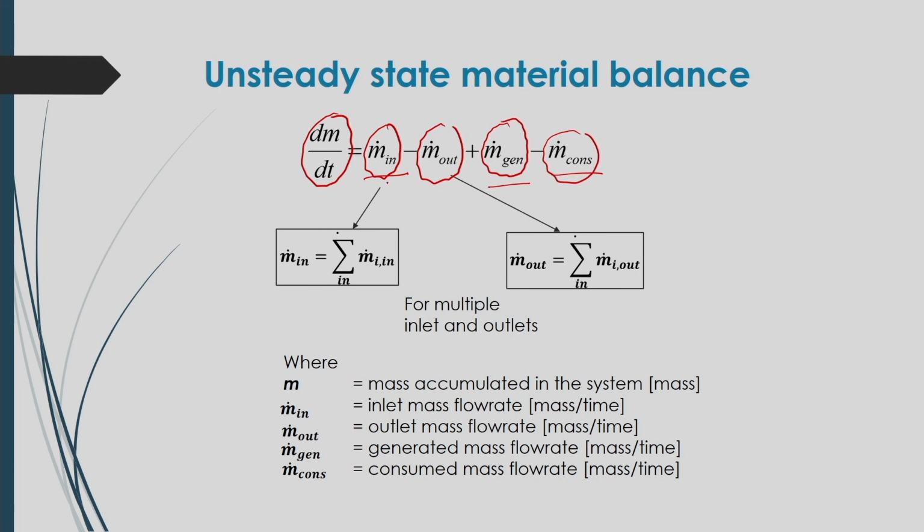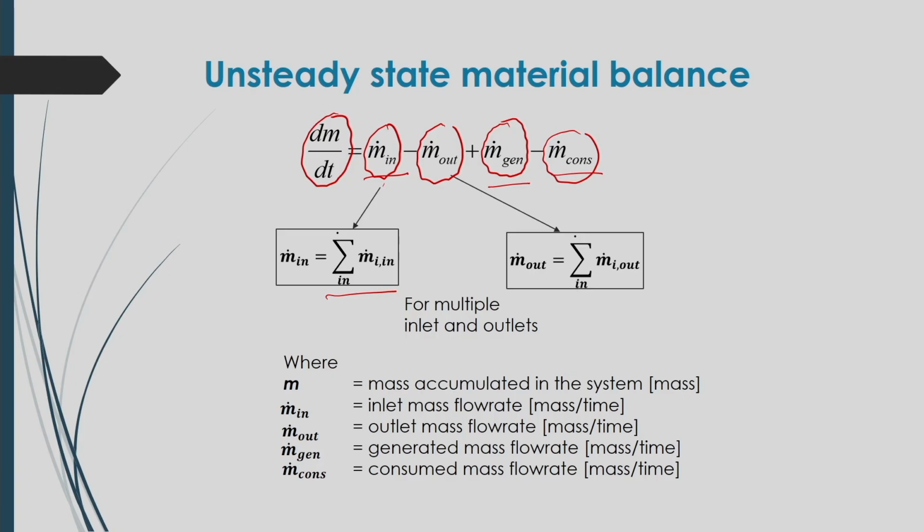Now, for m dot in, there may be more than one inlet. So the total inlet mass flow rate will be considered as the summation of the mass of several inputs, whereas at the output also you have to consider the total amount out based on the summation of all the output mass flow rates.